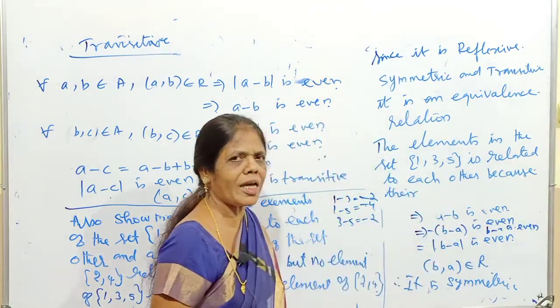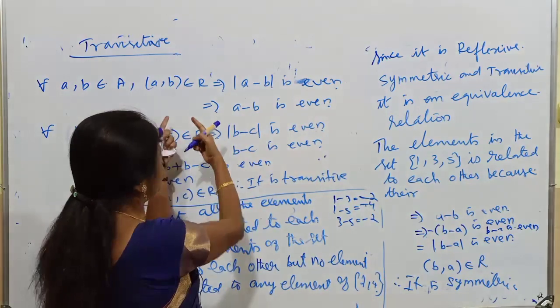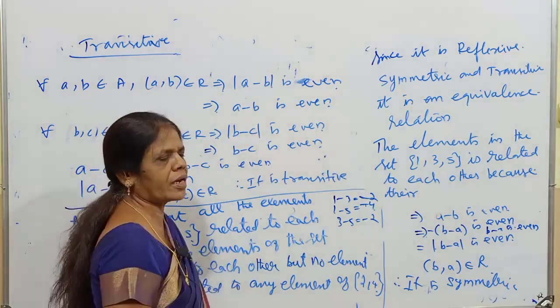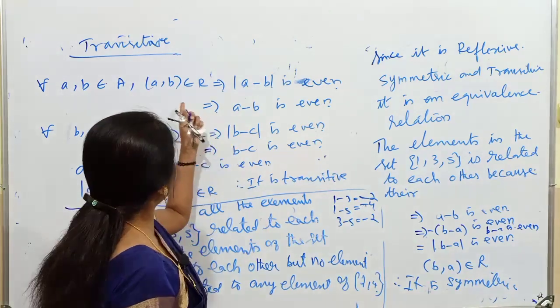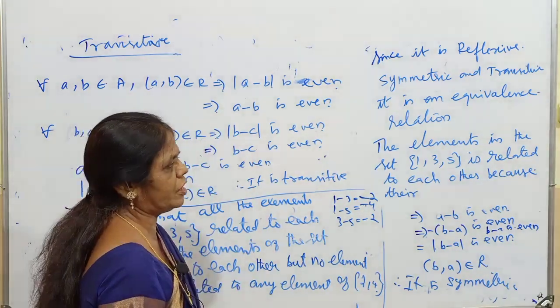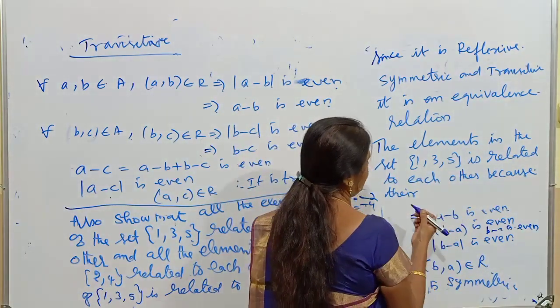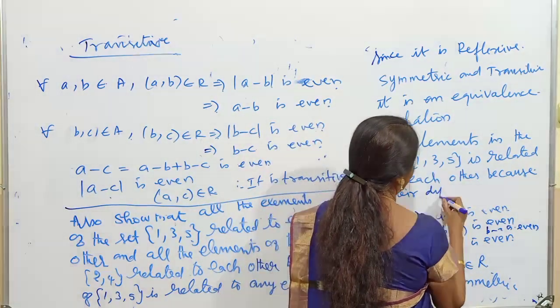What is the relation here? The relation is that the difference of the two numbers should be even. So that's why we are saying that these numbers are related to each other.